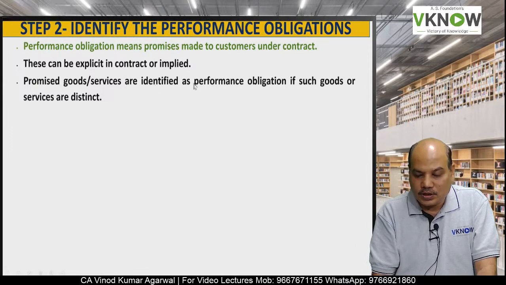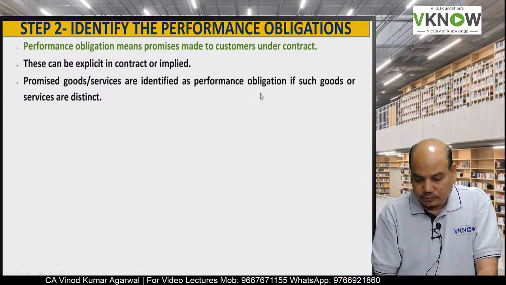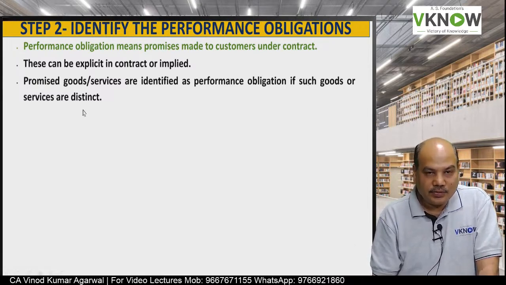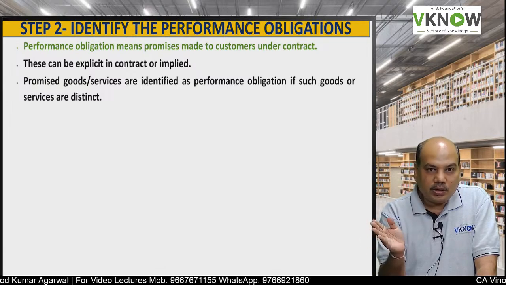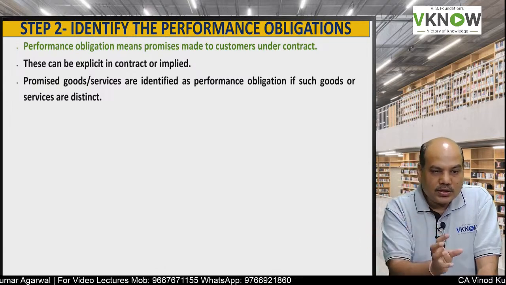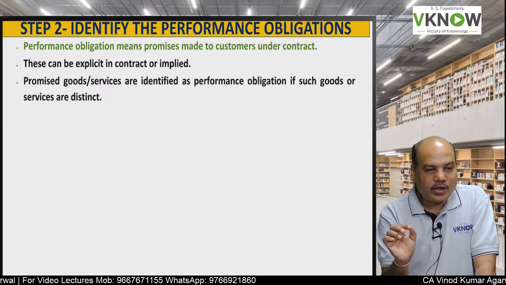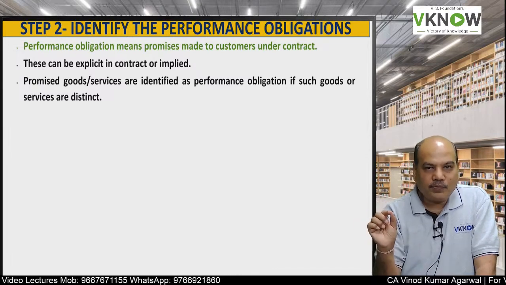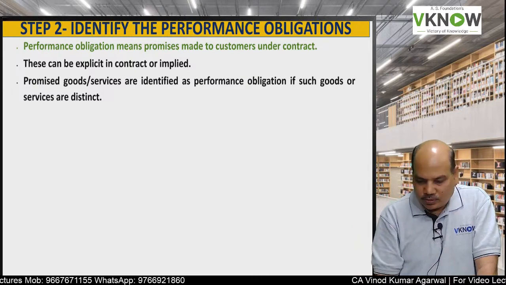Promised goods and services are identified as performance obligations if such goods and services are distinct. So very important, the performance obligation will depend on when goods and services are distinct. Sale of car is one performance obligation, warranty is another performance obligation, after-sale service is another performance obligation.